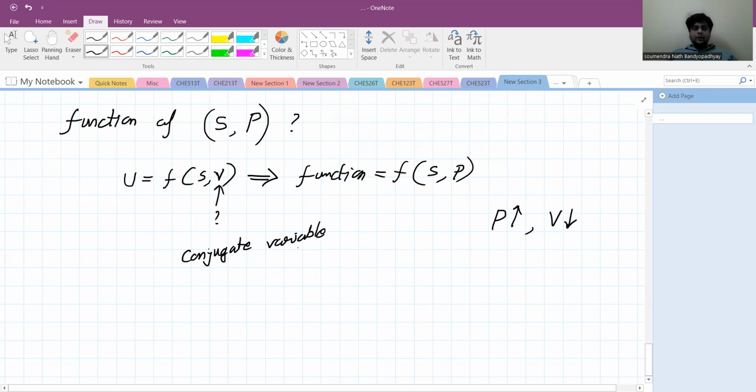The conjugate variable of volume is pressure, because if you multiply pressure with volume, it will give you the unit of energy, liter atmosphere. Okay, you can convert it to joule also. The conjugate variable is pressure. So you want the conjugate variable of volume, which is pressure, to replace the original variable volume. Understand?